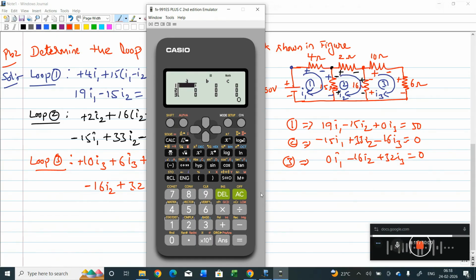Now enter the equations. 19, minus 15, 0, 50. Minus 15, 33, minus 16, 0.